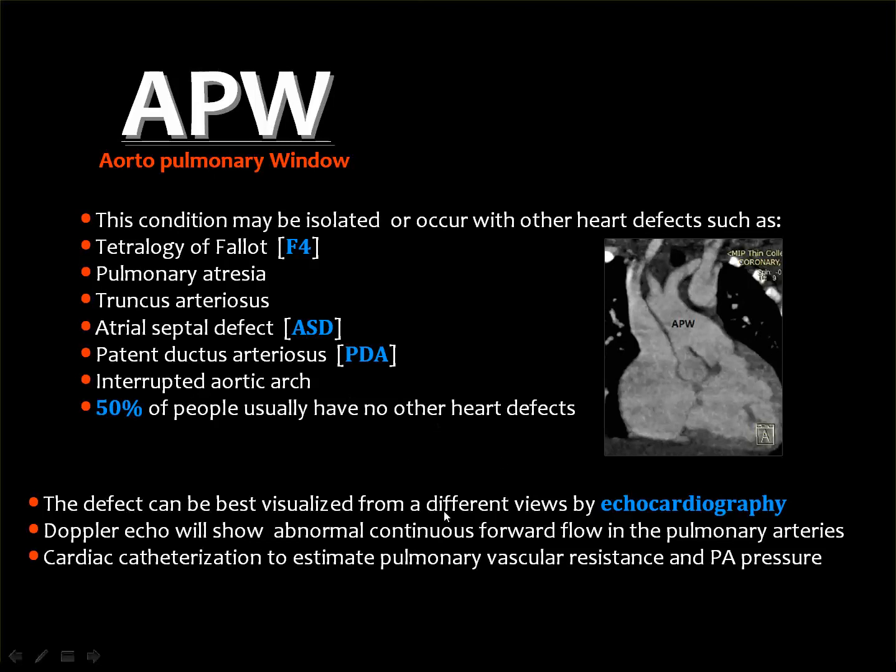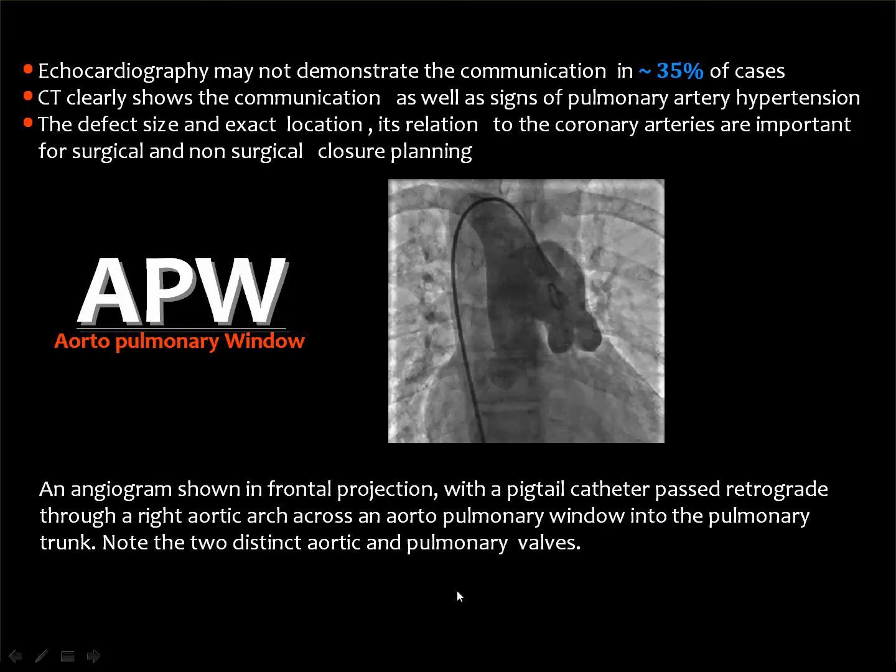Then the defect can be visualized by echocardiography and also cardiac catheterization with injection of contrast material, and it's helpful to also assess the pulmonary vascular resistance and the pulmonary artery pressure.